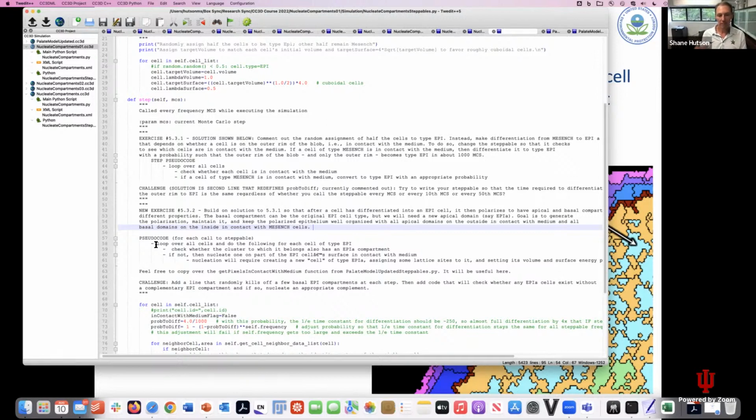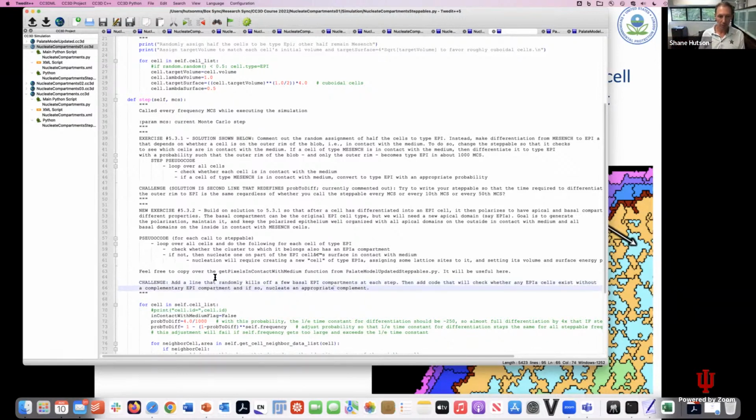If it doesn't, then nucleate one on part of the epi cell's surface that's in contact with the medium. And that nucleation will require creating a new cell of type epi-A, assigning some lattice sites to it, and setting its volume and surface energy targets. Some useful functions help you get pixels in contact with medium. That'll help you both determine whether a cell's on the outside and where you can initiate or nucleate an apical compartment.